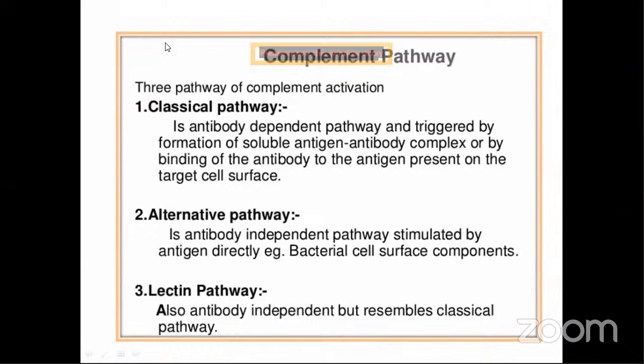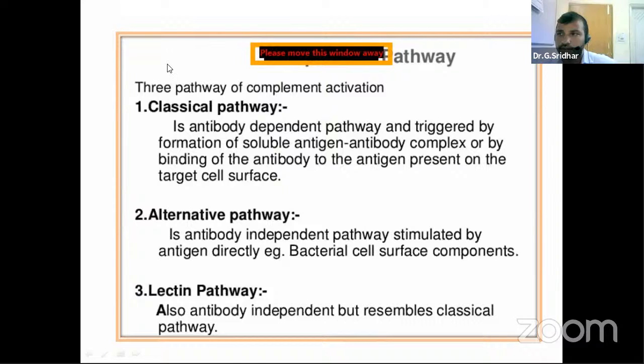To activate the classical pathway, you need an antigen antibody complex. If there is no antibody, the classical pathway will not be activated. But the alternative pathway and the lectin and Manus pathway can activate independently in the absence of antibodies. That's why the alternative and lectin pathways are independent of the immunoglobulins.